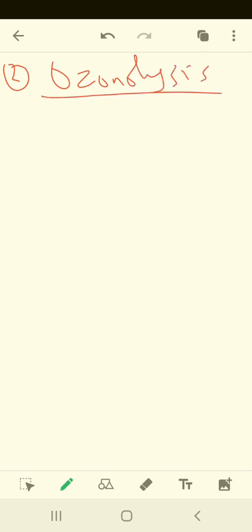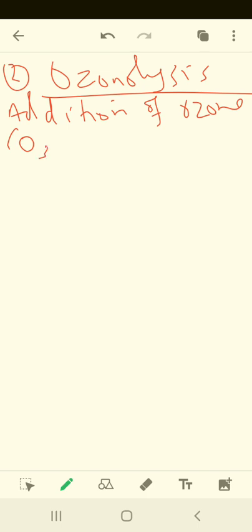Another oxidation reaction is called ozonolysis. Ozonolysis is the addition of ozone. The symbol for ozone is O3, not O2.